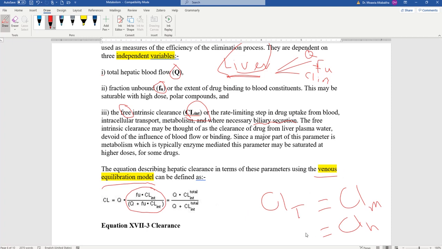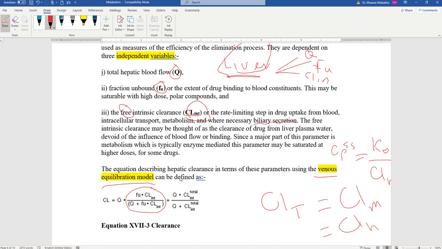We will assume that. So what do we have? CPSS is equal to the dosing rate divided by the hepatic clearance. Why hepatic clearance? Because it is the same as the total clearance.